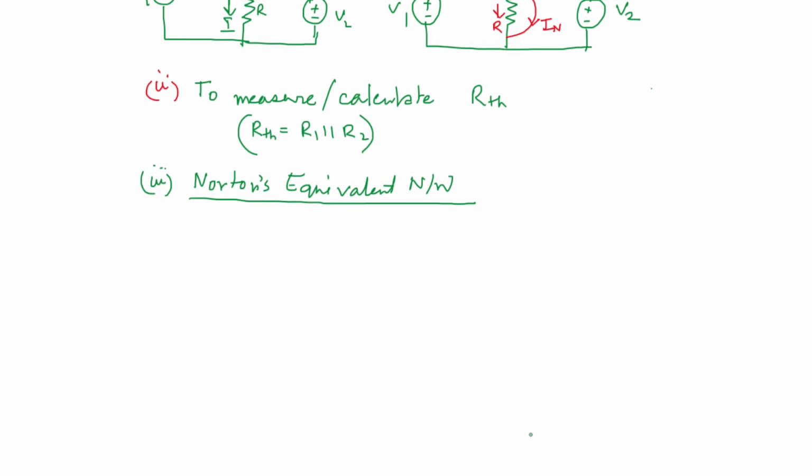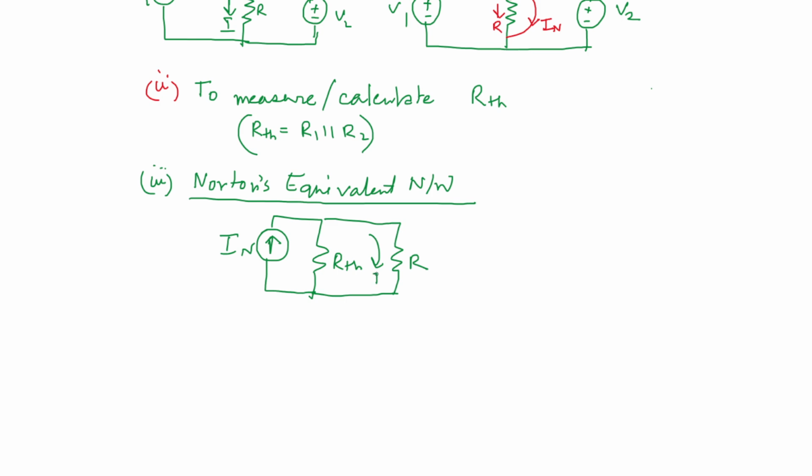You must connect your Norton current IN in parallel with RTH, and also in parallel with that your R, that is the load resistance, will come.